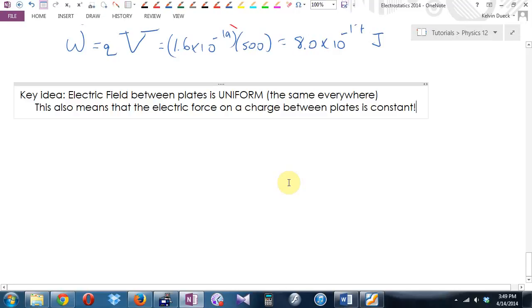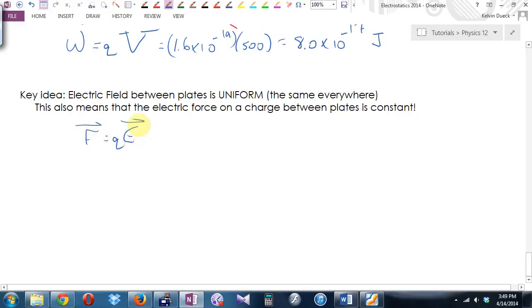It means, Kelly, that I can calculate the electric force as QE. Now that equation's not blatantly on your formula sheet. That's the second equation, getting the F by itself.